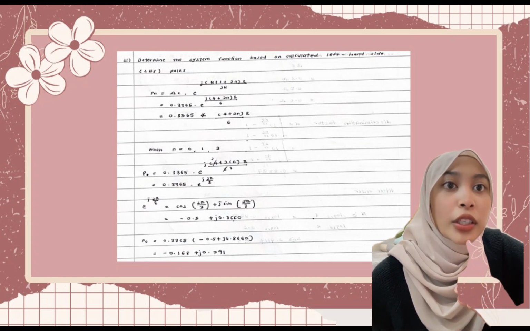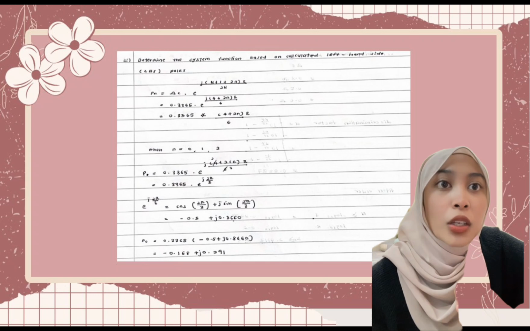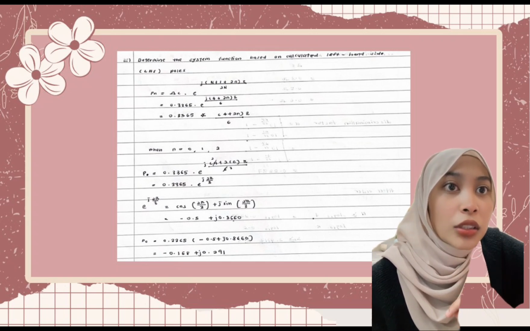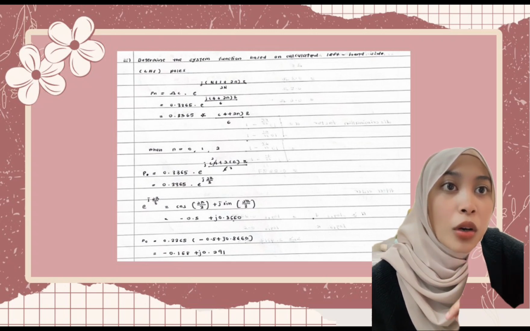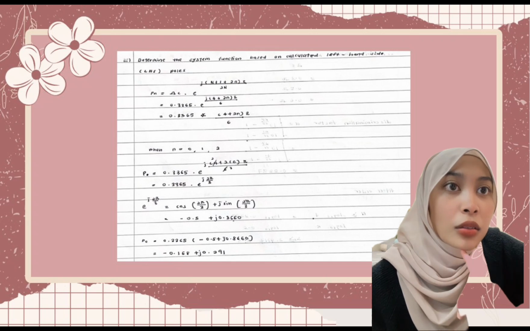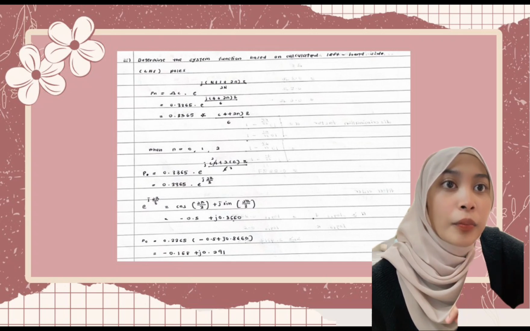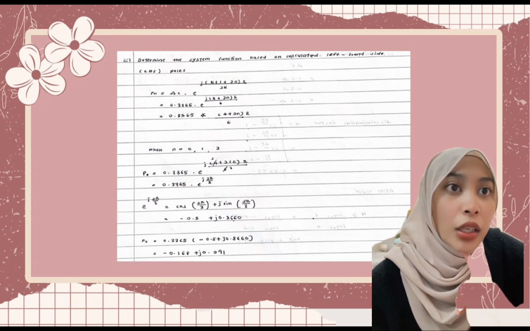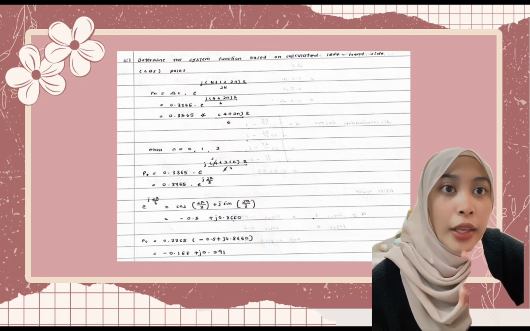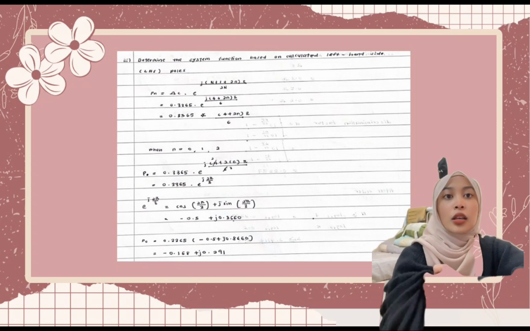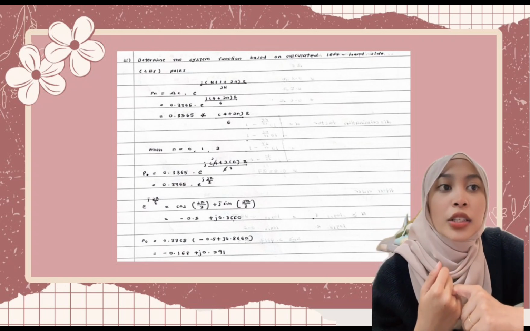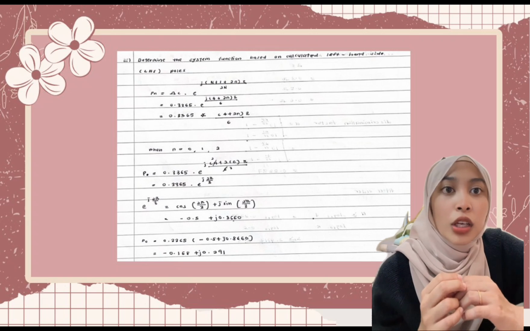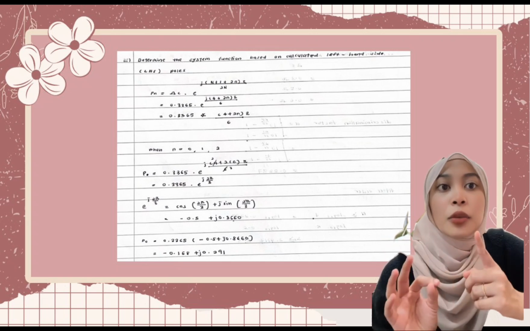First we need to find pn equal to omega c exponent j, pi times (n plus 1 plus 2n) per 2N, with n equal to 0, 1, 2, and then we need to find the value of p0, p1 and p2.